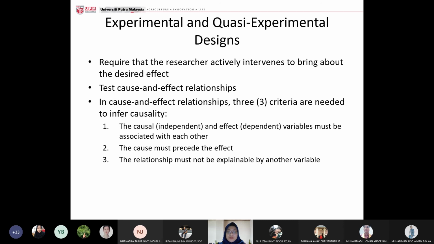For example, if you want to look at what is the cause of some behavior, a lot of people I think are doing this. You want to do some surveys or interviews on the population, and you try to find the cause of certain issues. It can be anything: waste segregation, waste disposal, deforestation, open burning, a lot of things.